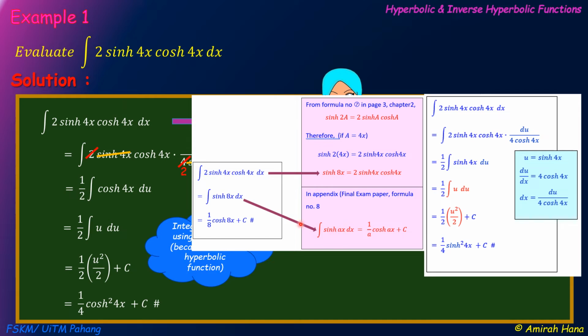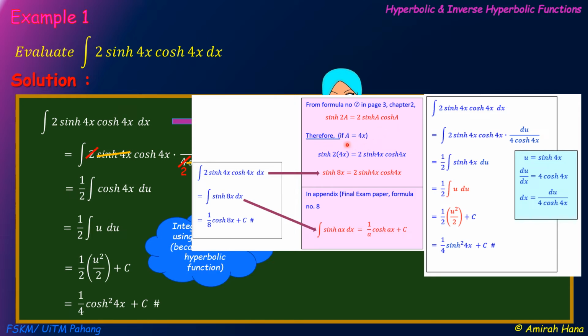And another method, we can use the double angle identity. The given question is integration of 2 sin 4x cos 4x dx. From page 3 in chapter 2, we can refer to the formula sin 2a equals 2 sin a cos a.